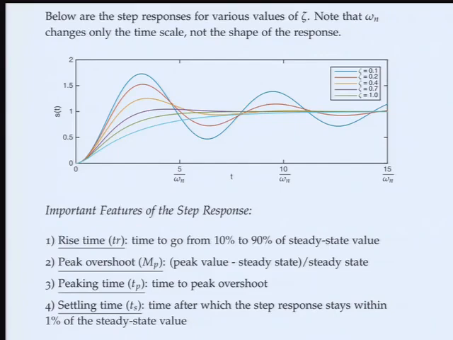So rise time is as explained. Peak overshoot means you're trying to go to 1, but you may have a big jump along the way if your damping is not good enough. How much above 1 did you go? That's what peak overshoot means. In our running example, the steady state value is 1.